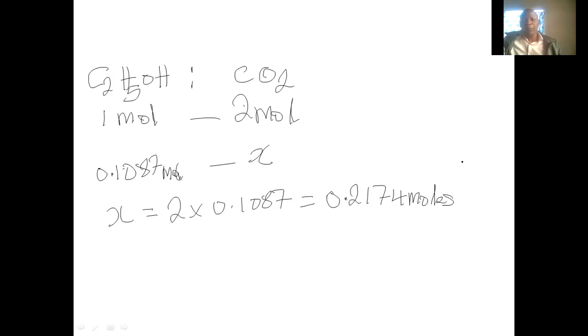So these are the number of moles that you produce for carbon dioxide.